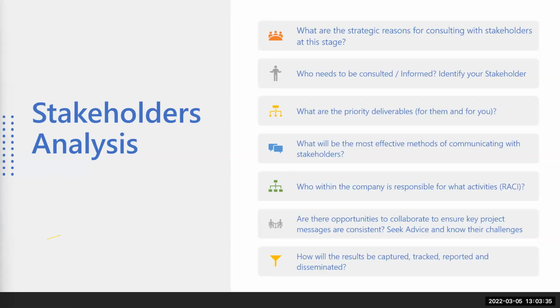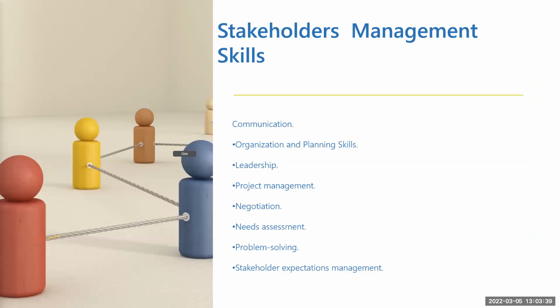So I have here some of the skills that are expected of you as a PMO person. You need to have good communication skills, both in writing and in talking to people.